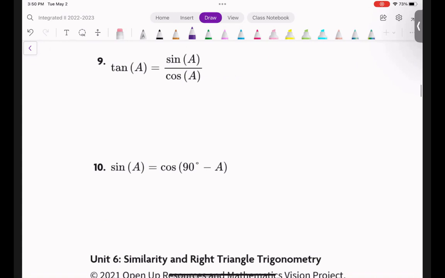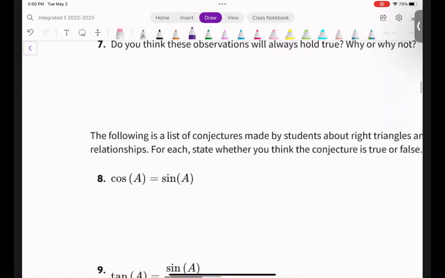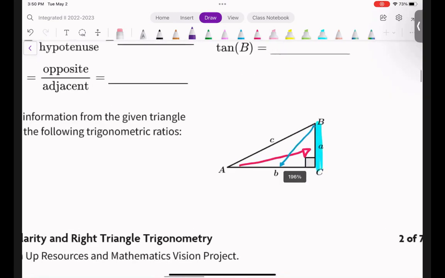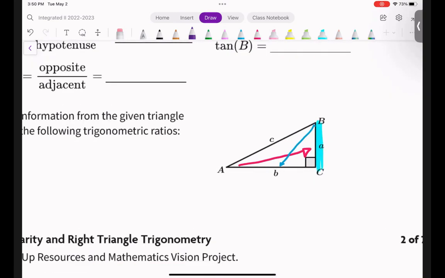And then sine of A equals cosine of 90 minus A. This might make sense to some of you because of that relationship between angle A and angle B, and how they're related.